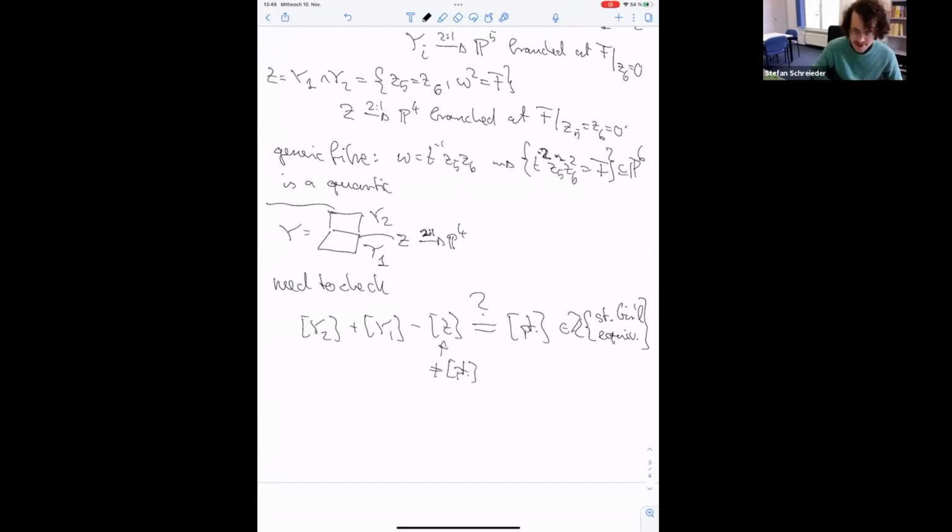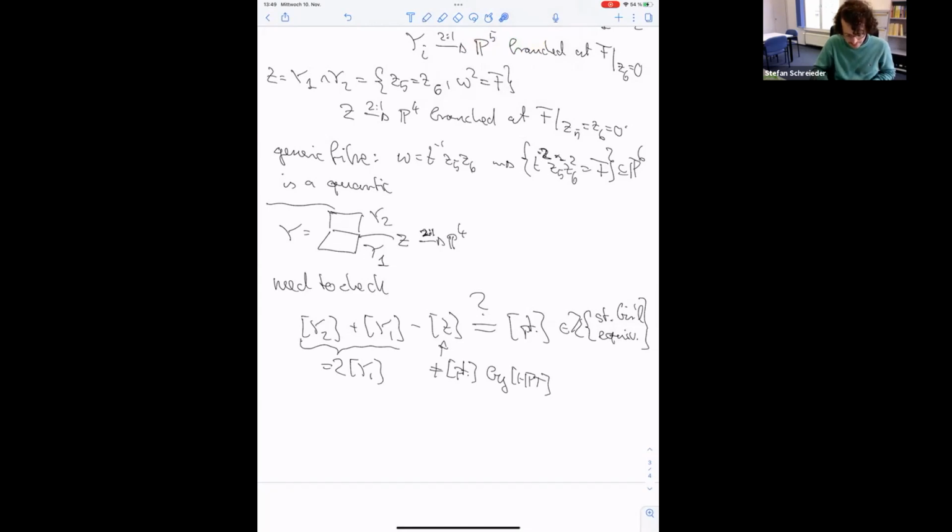So this set is not stably rational by work of Hassett, Pirutka, and Tschinkel. That's the key point. So this is not a point, but these two things, they are the same. So I can write, because they are isomorphic, this is 2 times y1. But we are in a free abelian group, and then this cannot happen.